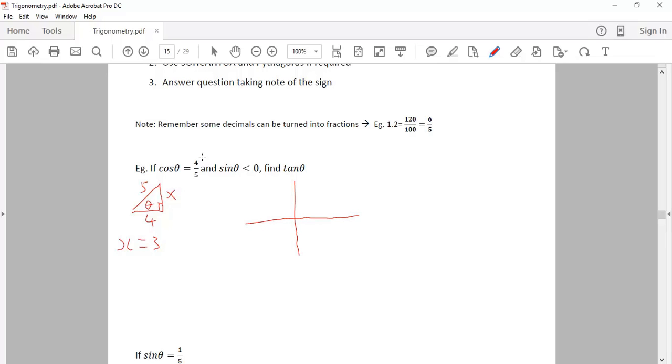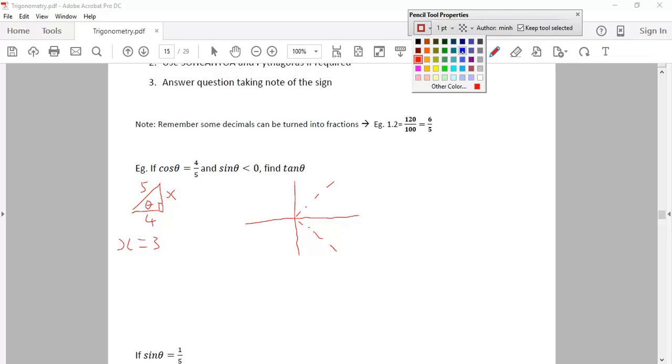So now notice how cos 4/5 is positive, so it's either going to be there or there. But you have to use all the information they give you. So notice how it says that sine theta is less than 0. So that means that sine is negative.